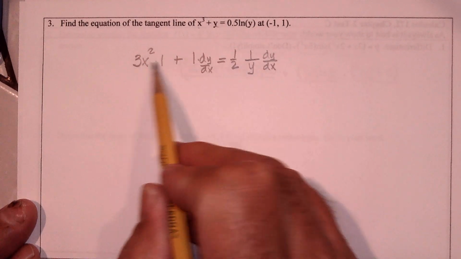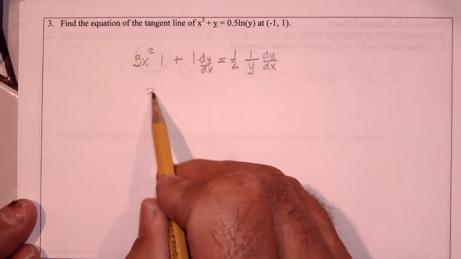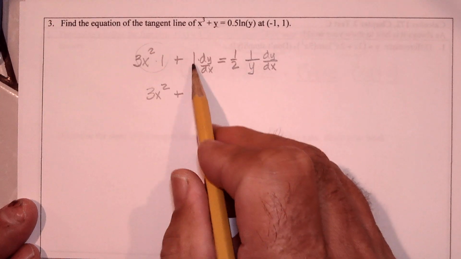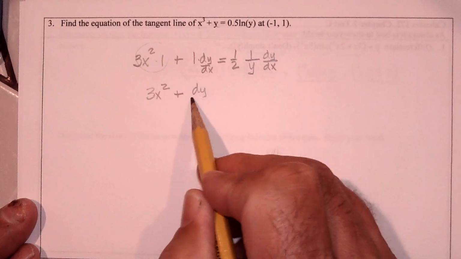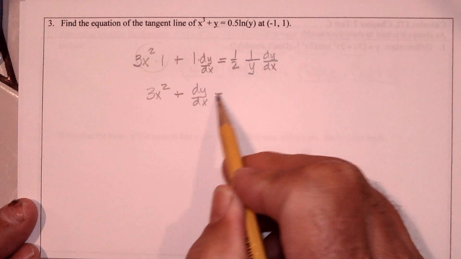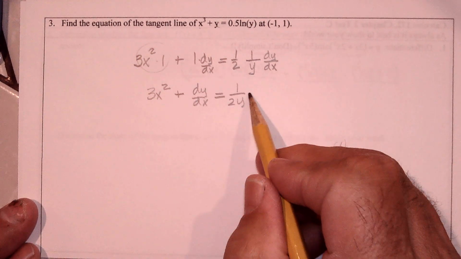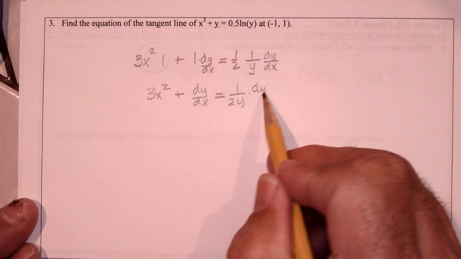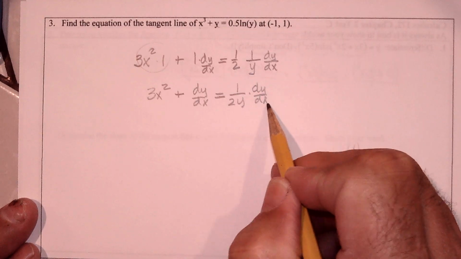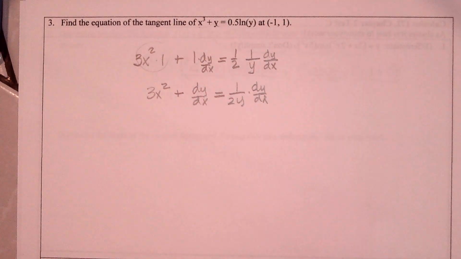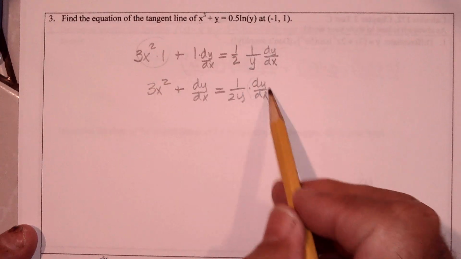So I have 3x squared plus dy/dx equals 1 over 2y times dy/dx. And to get the slope for this tangent line, I need to solve for dy/dx.